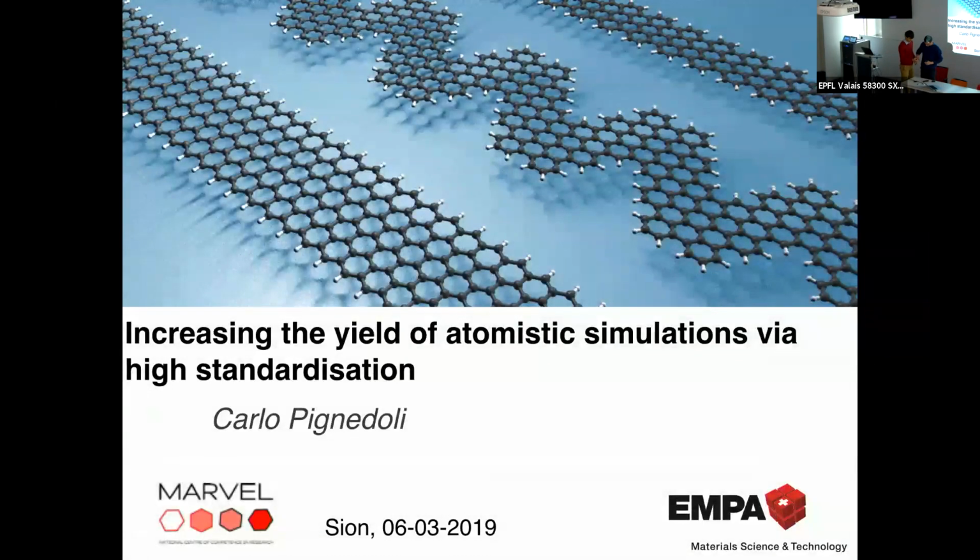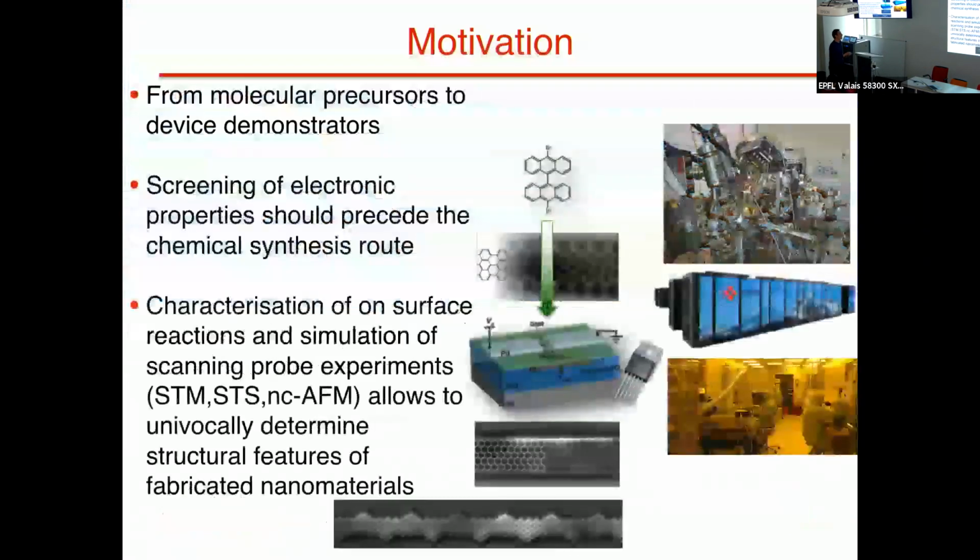Good morning, everybody. Thank you very much, Sasha, for the introduction. I work at EMPA in a laboratory whose composition is mainly experimentalists. And one of the main research fields in this laboratory at EMPA is, as Sasha said, the fabrication of graphene nanoribbons.